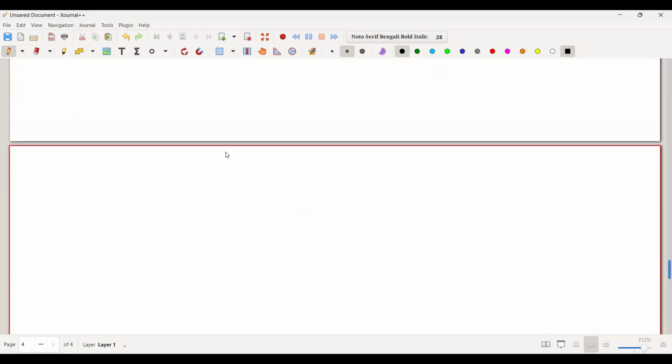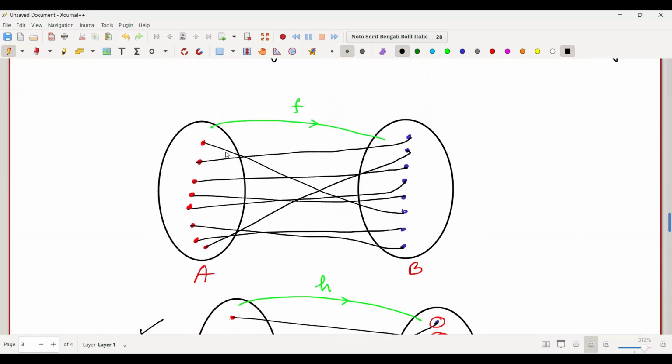So this function f is a special type of function. See, this function is an onto function, and this is also a one-one function.